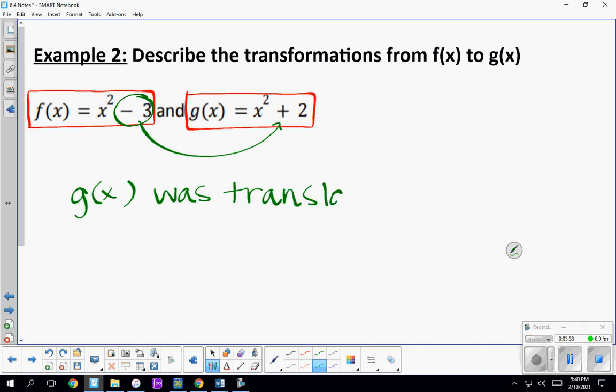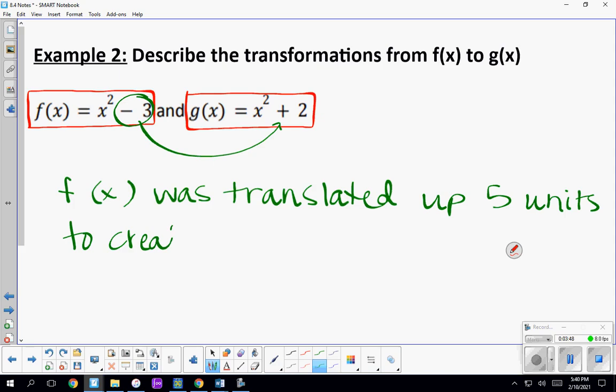So we'll say f of x was translated up 5 units to create g of x.